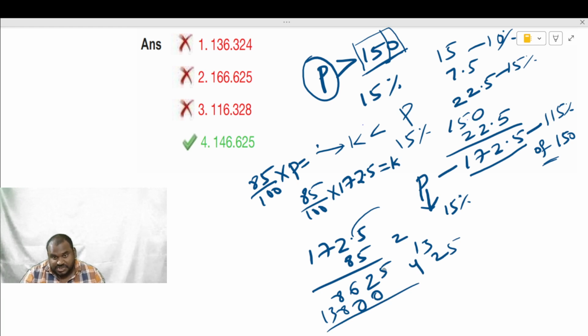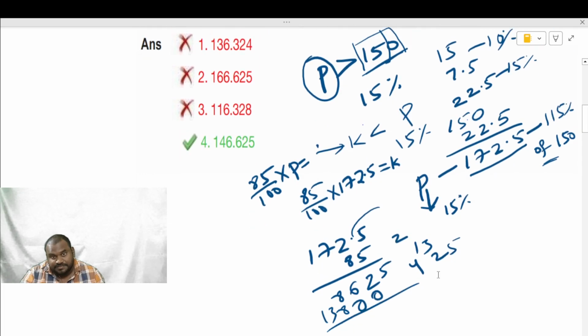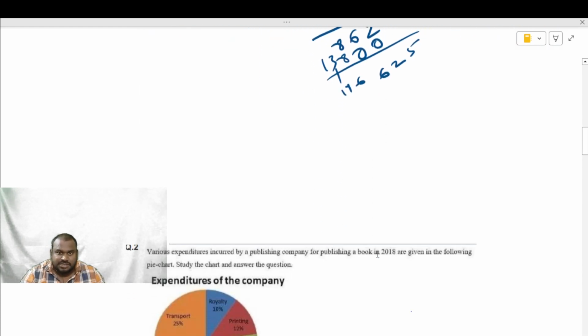So we should get an answer more than 130. We get 146.625. You don't need to divide with 1000 because if you divide it, this point will come completely. That's what I did.